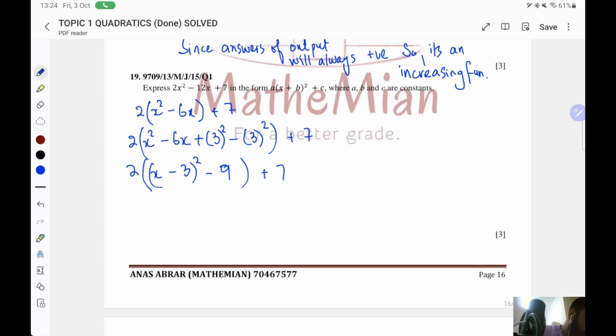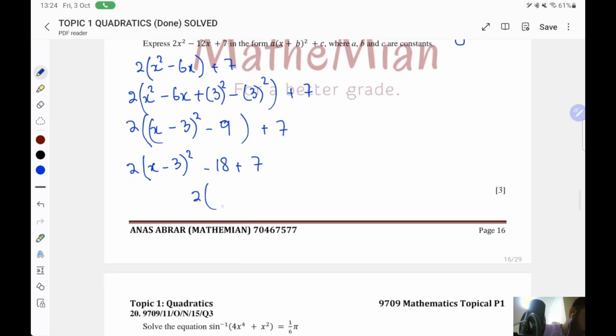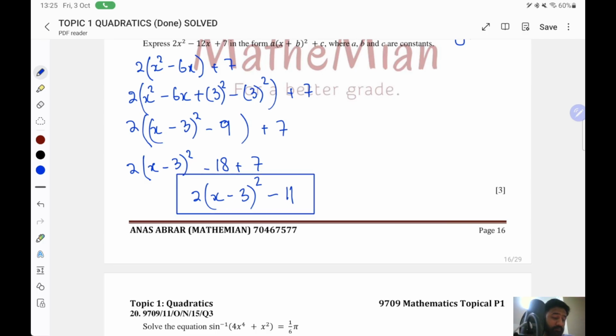So if you expand it further, it will be x minus 3 whole square minus 18 plus 7. So 2 bracket x minus 3 whole square, it will be minus 11. Minus 18 plus 7 is minus 11.